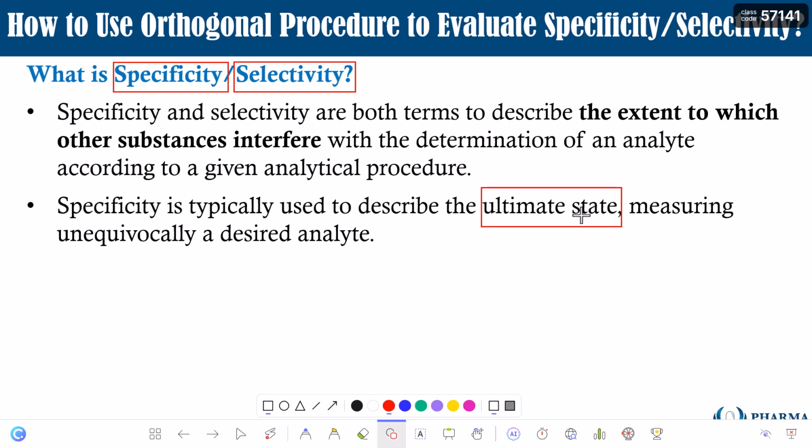That means whatever analytical procedure you are claiming as specific for your analyte, there is not going to be any interference while quantifying that particular analyte. Your analytical procedure is absolutely specific with respect to the analyte quantification. There is no excipient, no impurity, no degradant that can interfere with the analyte of interest. That is the definition of specificity.